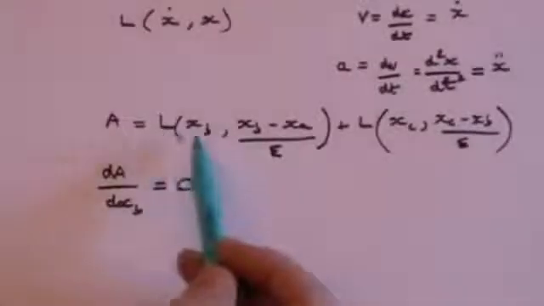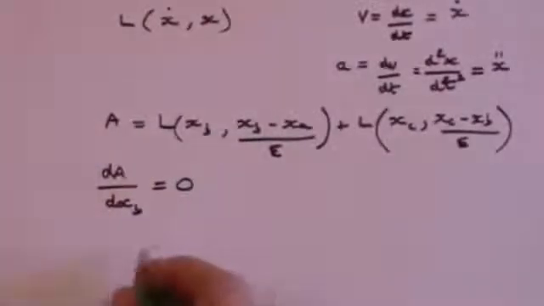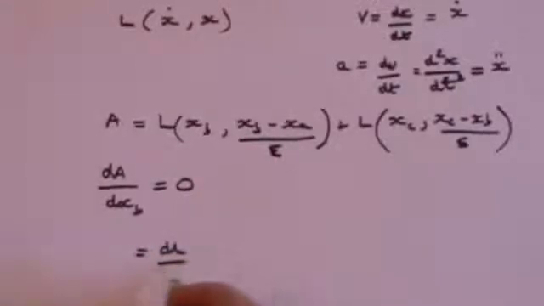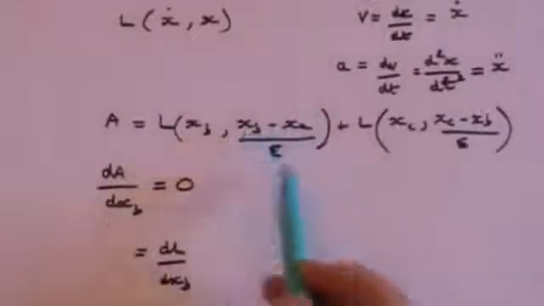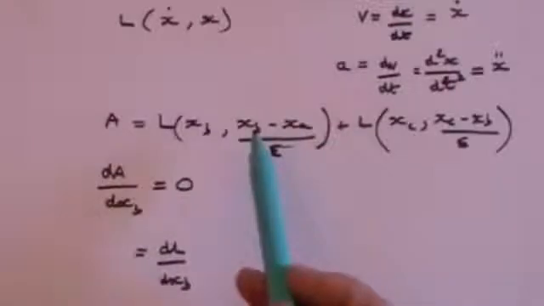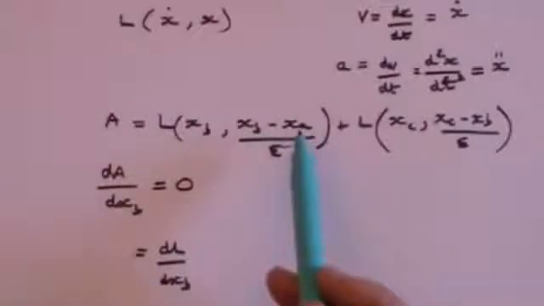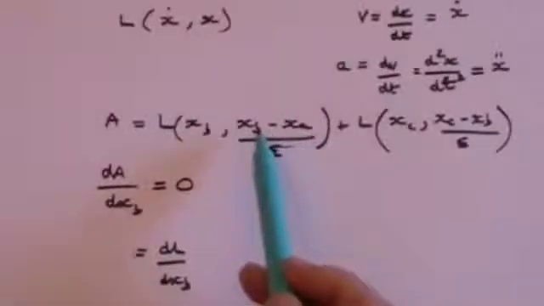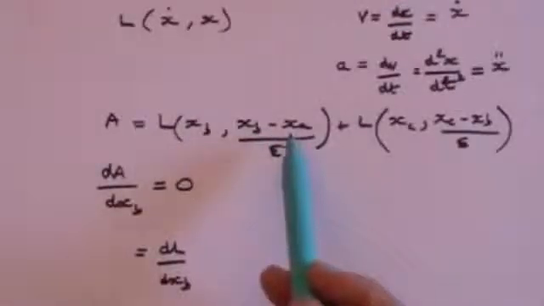First of all, we've got a Lagrangian with a variable xb. Well, that clearly will vary with xb. So that will be dl by dxb. What about this term here? What happens to this as xb changes? Well, as xb increases, so the velocity will increase because xb minus xa will get larger. If xb gets smaller, the velocity gets smaller because xb minus xa gets smaller.